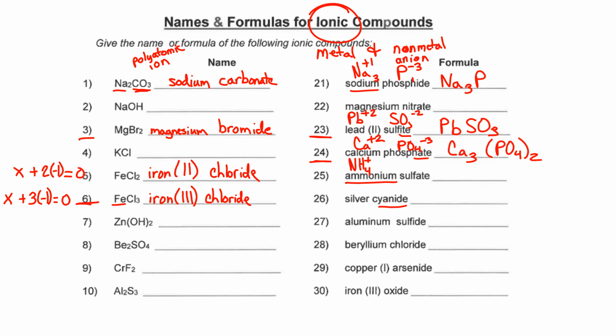And then cyanide is a polyatomic ion that's going to be CN-. You just kind of have to know those because they're different from the rest. All right. Cyanide and hydroxide are the only 2 polyatomic ions that end in IDE. Ammonium is the only one that ends in IUM. So just be kind of aware of that when you're doing these.